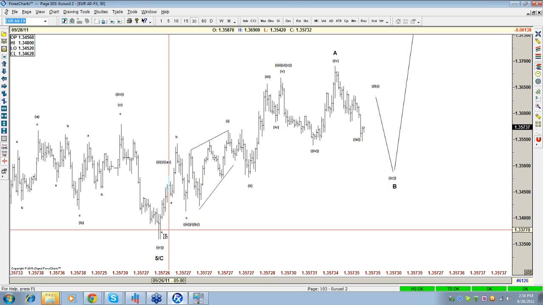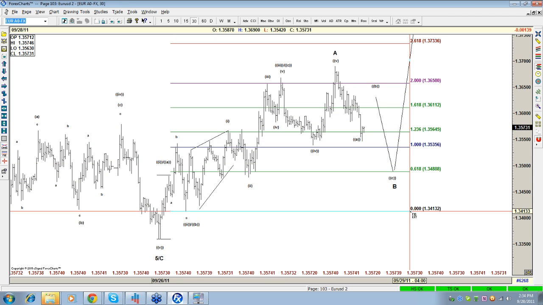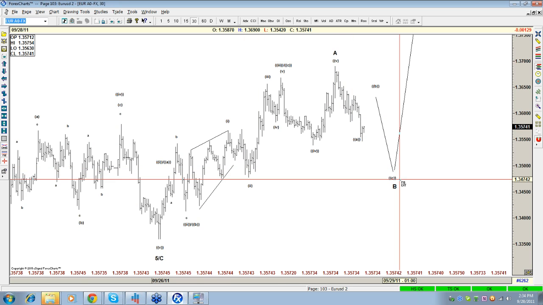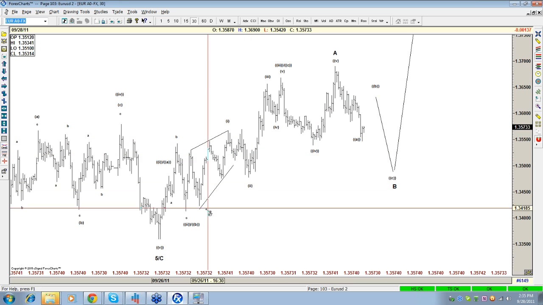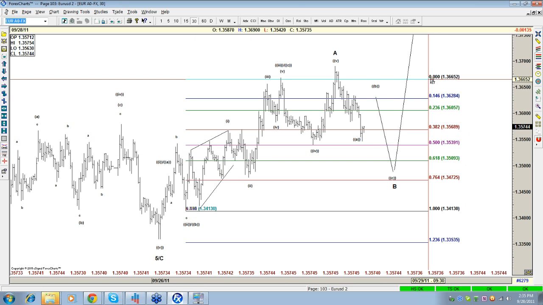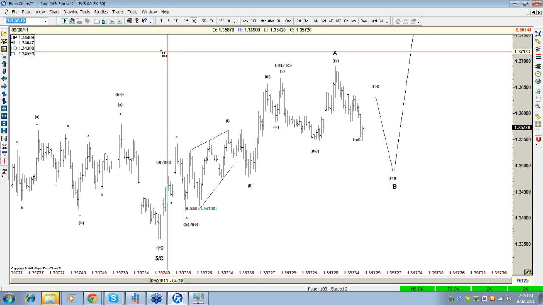Notice right there, if you take it from here, that high right there is the 2%, and then it did a fall to around the 38.2% right there. It went a little deep to the 50, and then we got a 5.